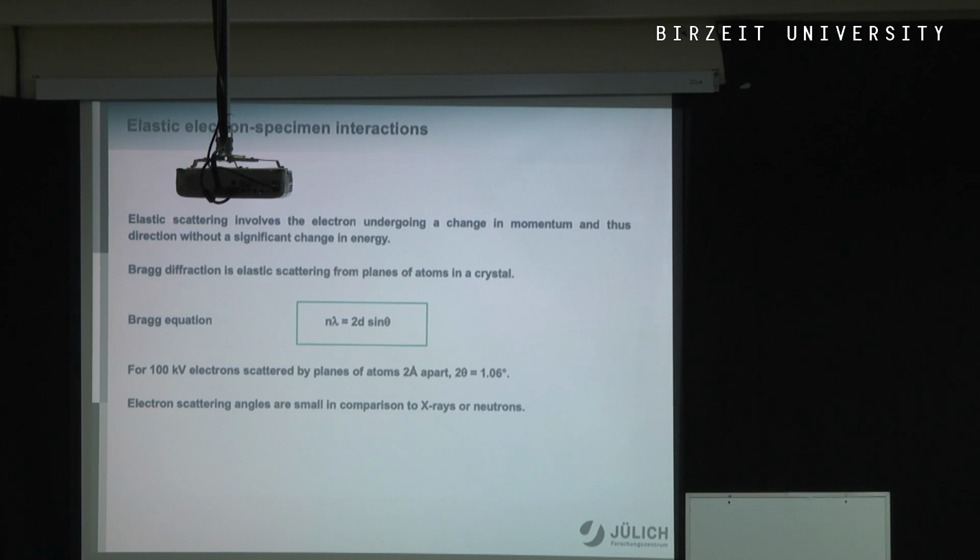In the electron microscope, the typical wavelength of the high-energy electrons is a few picometers. The typical interatomic spacing is between 1 and 2 angstroms. And as a result, the typical scattering angles are on the order of a fraction of a degree or perhaps less than a few degrees. So inherently, most electrons are only scattered to very small angles as they pass through materials.